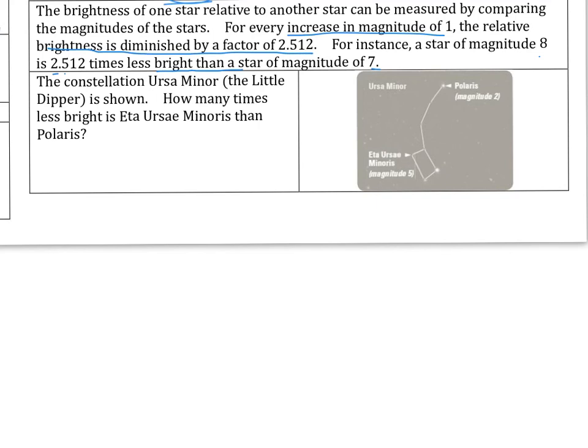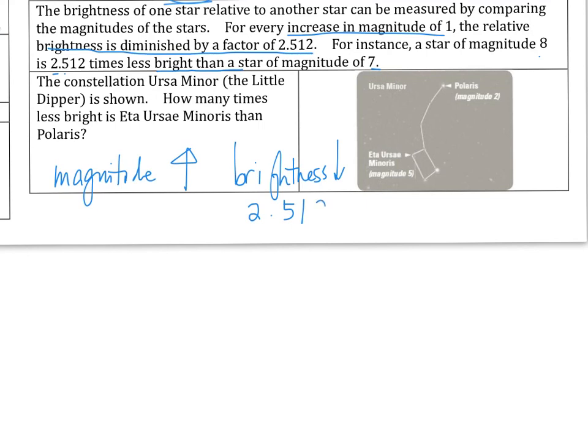So that means if the magnitude of one star goes up, the brightness of the star drops by a factor of 2.512 times.